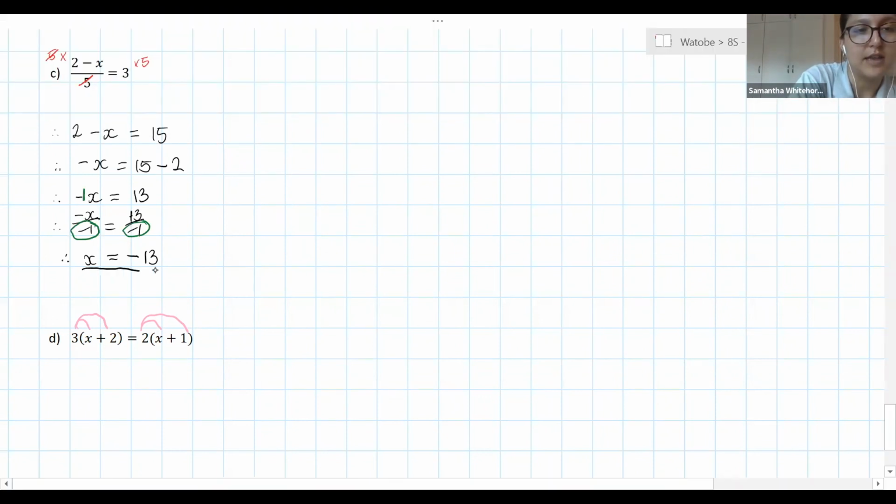And once I've done that, I end up with my final answer of negative 13. Okay, so first thing, to get rid of the fraction, I times both sides by 5. That gave me 2 minus x equals 15. And then it's just a nice, easy equation that I can go and solve for. The only thing we need to bear in mind is the fact that it's a negative x. So don't forget to make it a positive by dividing by the negative 1.